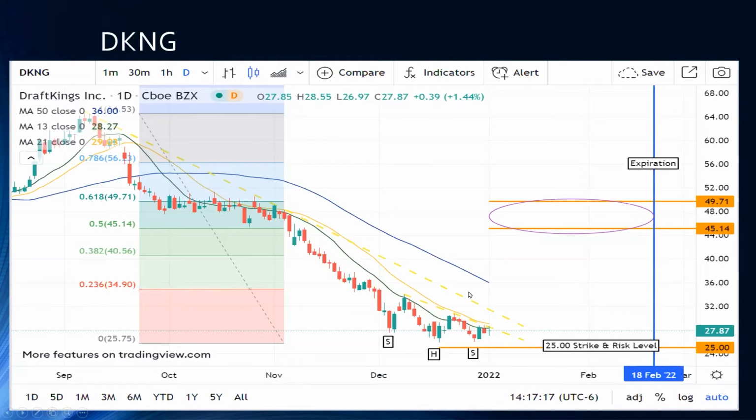So that being said, how do you adjust for having a losing investment like this? Well, this is where options come into a really good play. With the $25 strike level, I was thinking, okay, if I have until February expiration, and the Super Bowl is in the middle of February, there's going to be a monstrous kick of revenue.